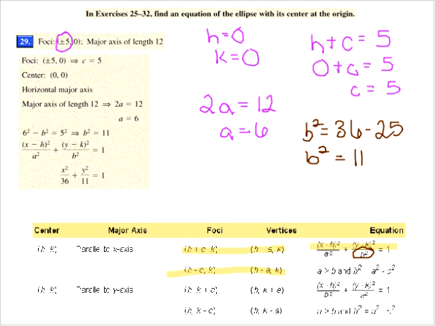And I think we have everything we need now. So looking at my equation, let's plug our information in. x minus 0 squared over 36 plus y minus 0 squared over 11 equals 1. So that gives us x squared over 36 plus y squared over 11 equals 1.